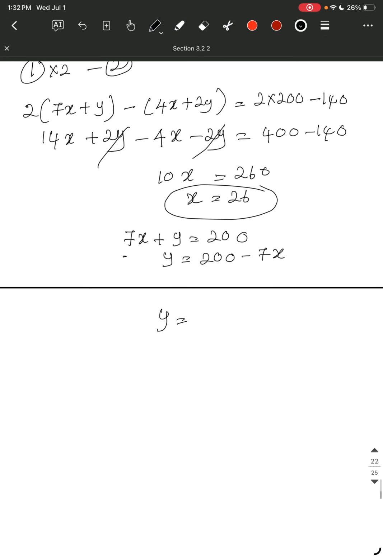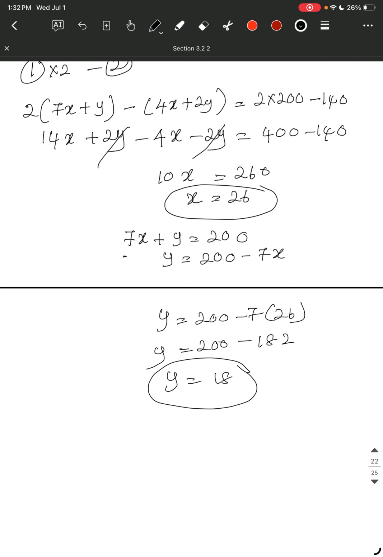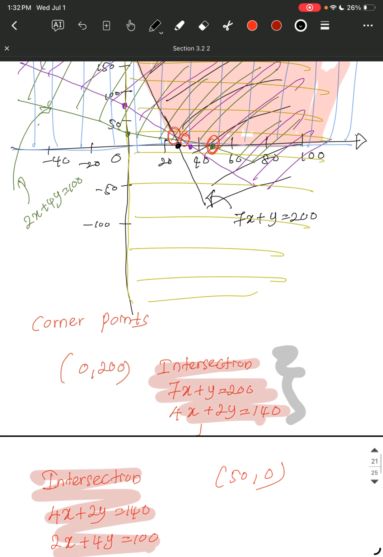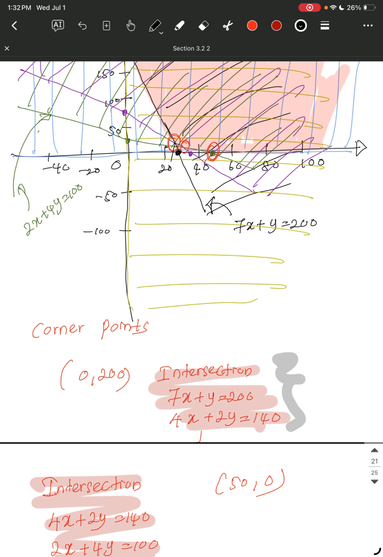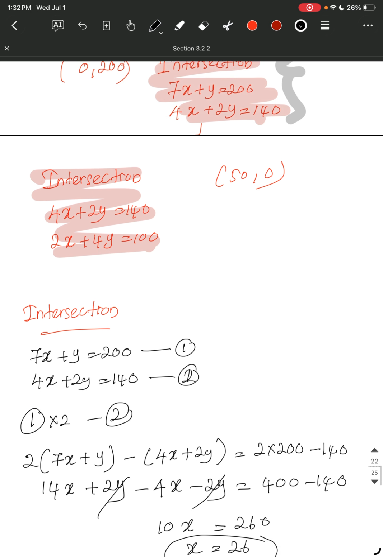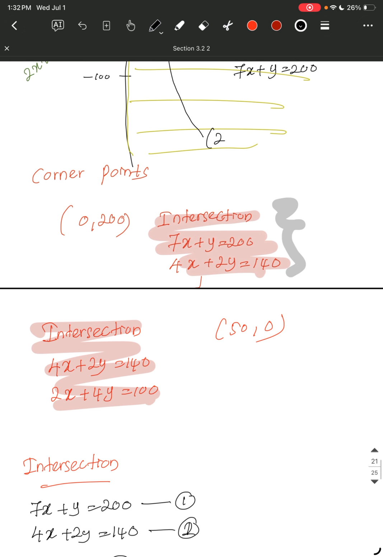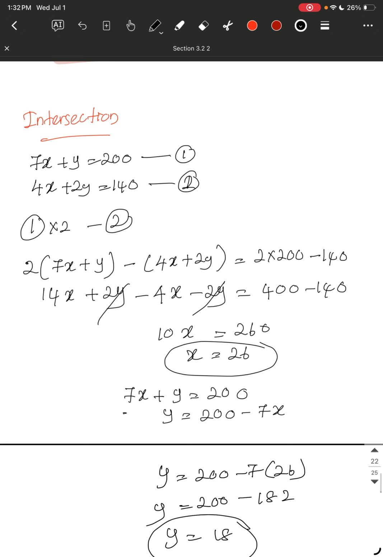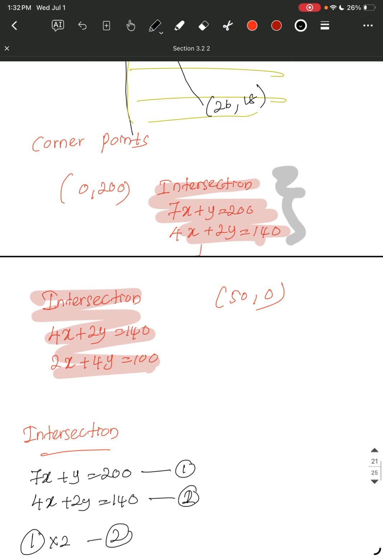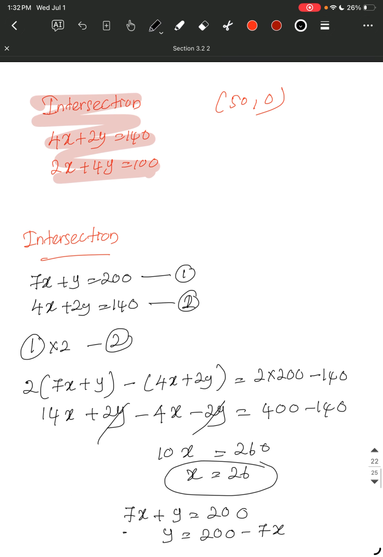Then y equals 200 minus 7 times 26. 7 times 26 is 182. Then y should be 18. The first intersection point here, that one, should be x equals 26 and y equals 18. Okay, let's find the second intersection point.